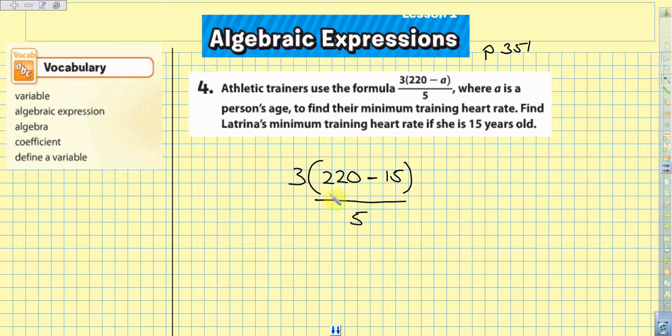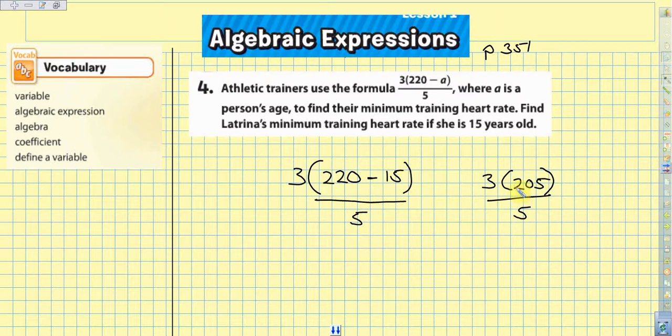So we have 220. We do parentheses first, of course. 220 minus 15 is going to give me 205, multiplied by 3, divided by 5.